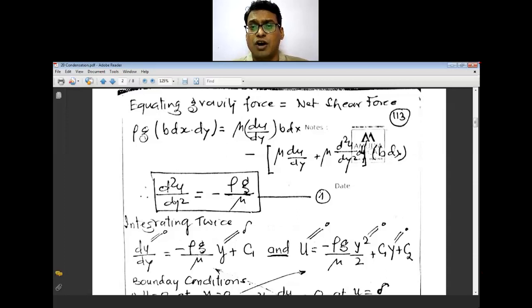On simplification you will get d2u upon dy square equal to minus rho g upon mu.